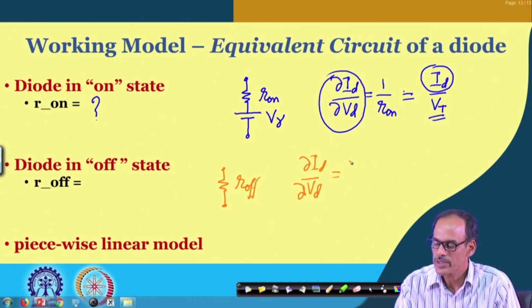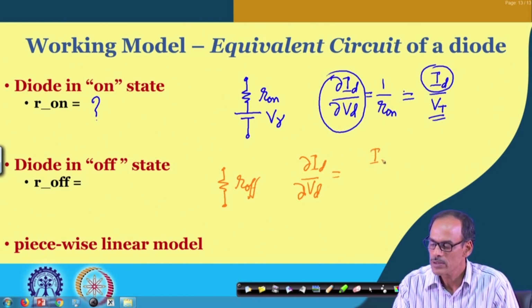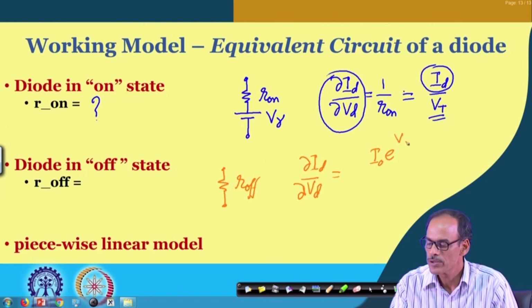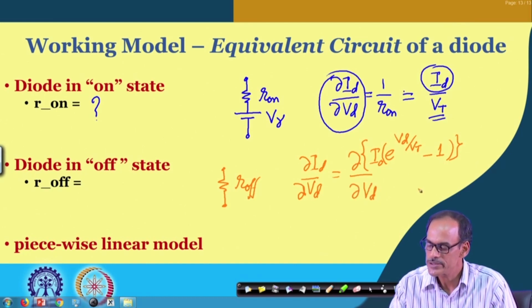So, now if I replace this I d by I naught e to the power V d by V t minus 1, and take the derivative of this expression of the current with respect to V d, what we will practically be getting is I naught divided by V t.